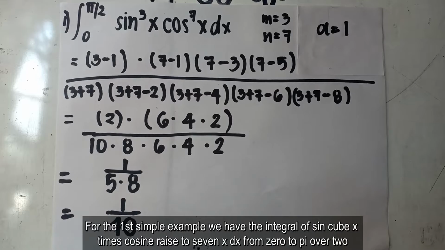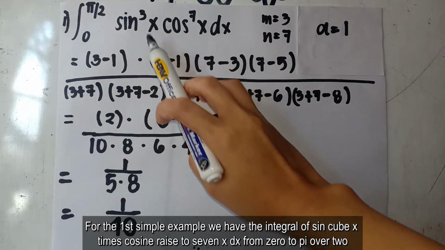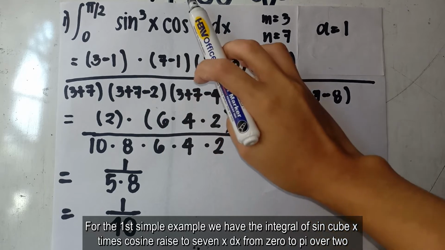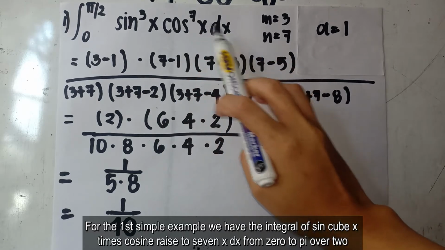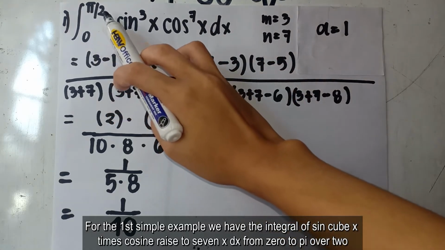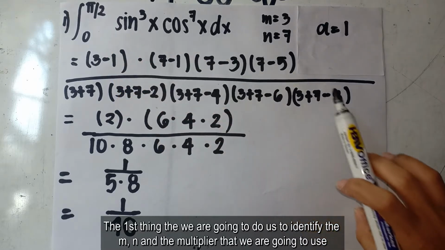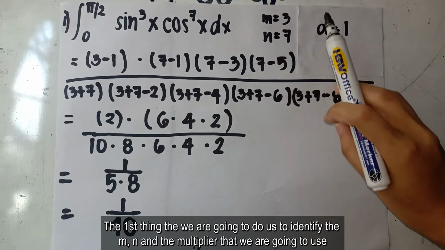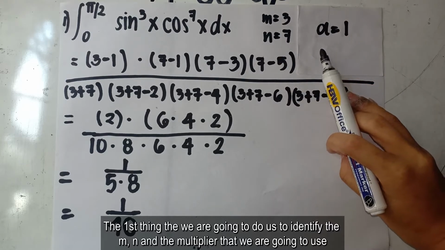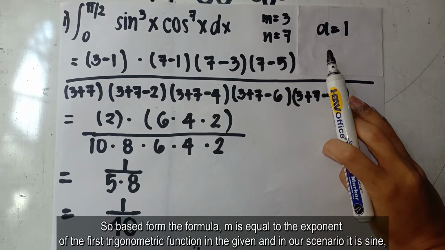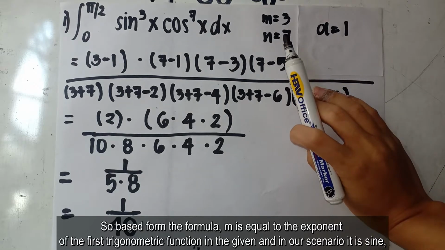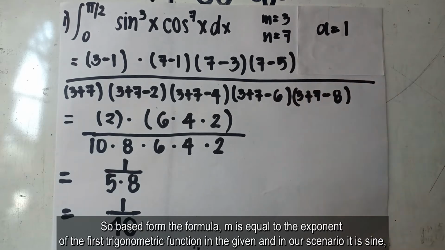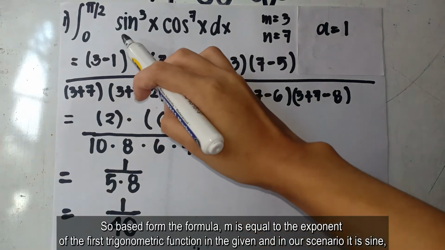For the first simple example, we have the integral of sine cubed x times cosine raised to 7 x dx from 0 up to pi over 2. The first thing we are going to do is identify m, n, and the multiplier that we are going to use. Based on the formula, m is equal to the exponent of the first trigonometric function in the given, which in our scenario is sine.